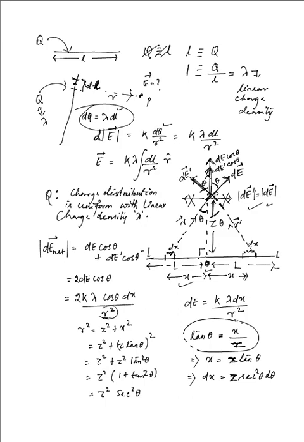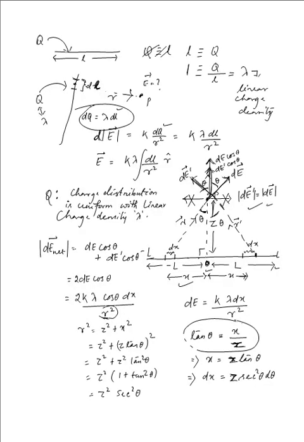Let's take the other page. Now with all the parameters available, I'll be rewriting the equation from the previous page so that it gets easier for us. What we had in the previous page is that dE net is equal to 2k lambda cos theta.